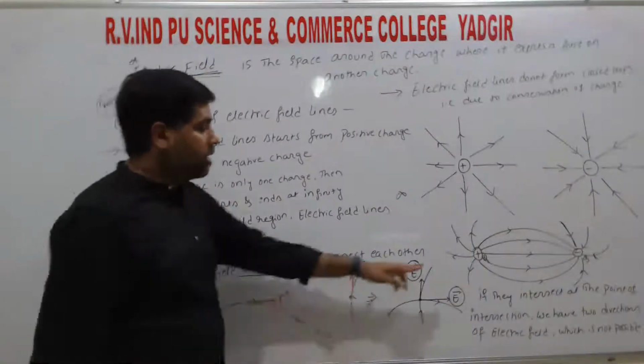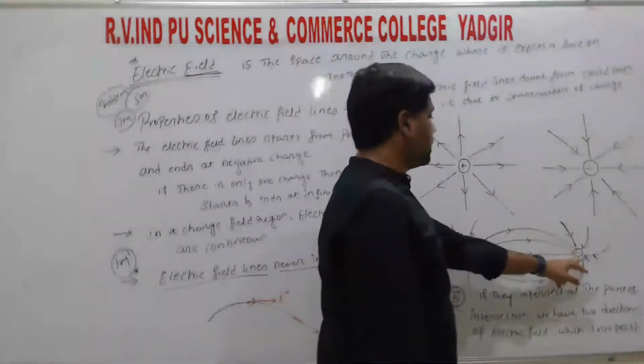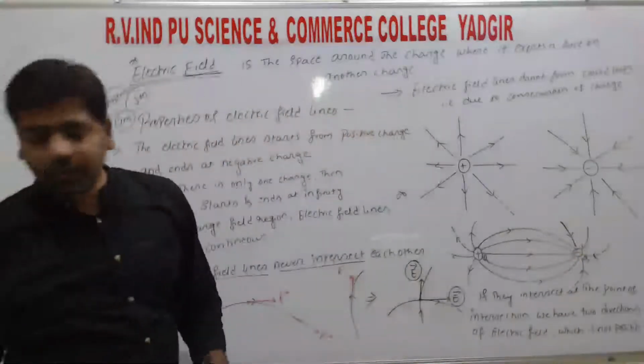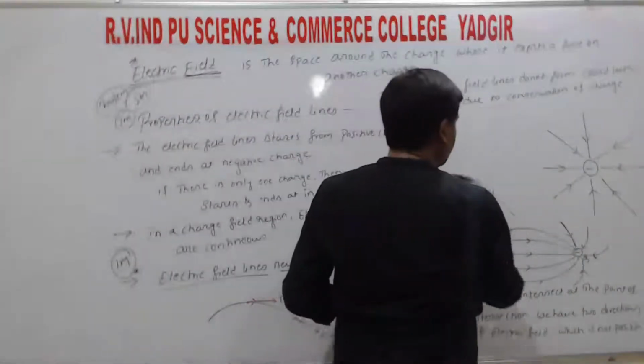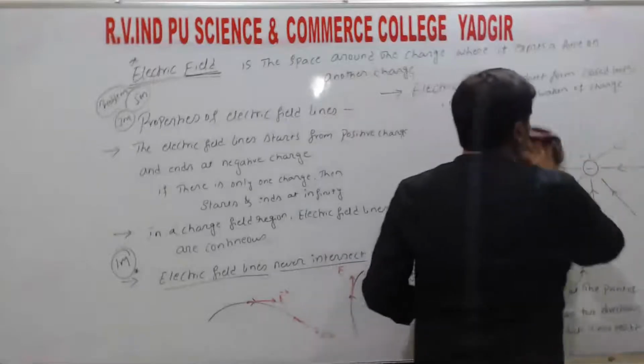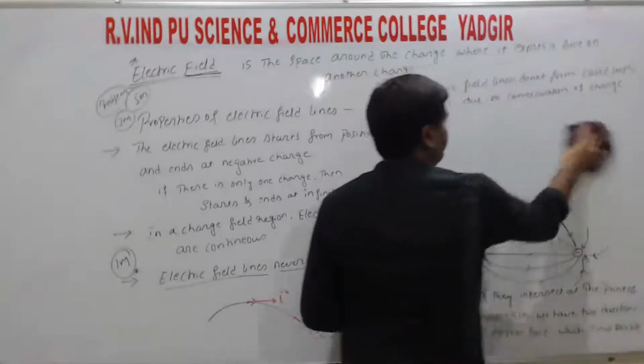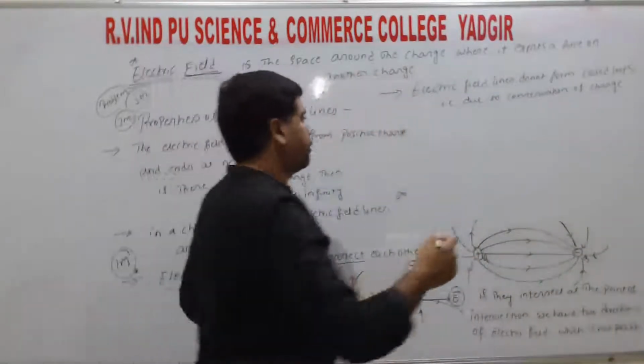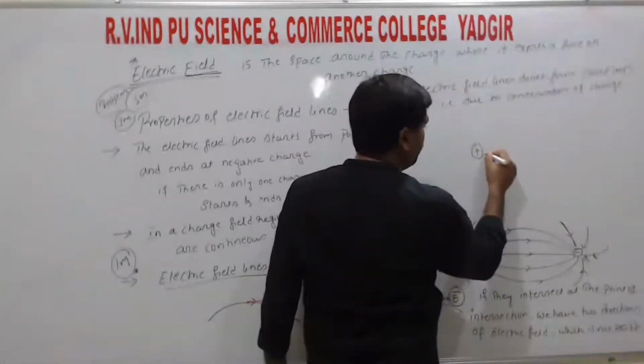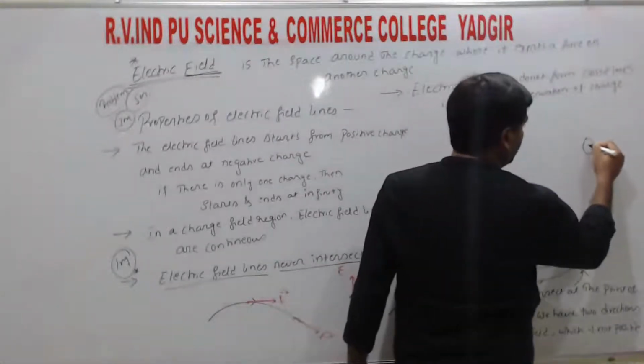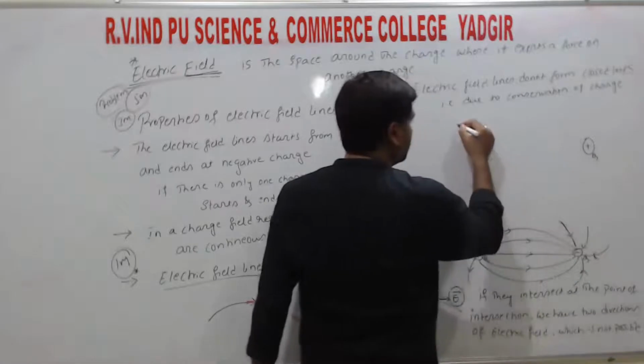So next here we draw for plus and minus q charge. So it is written the same for plus and plus or minus and minus. So here we have plus q charge. Here also we have plus q charge, right?